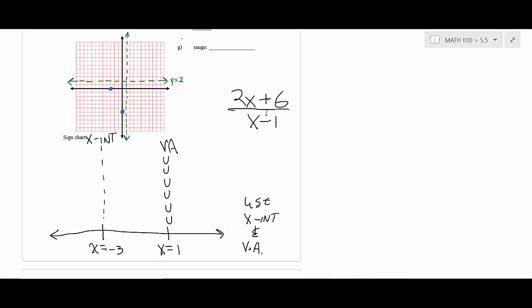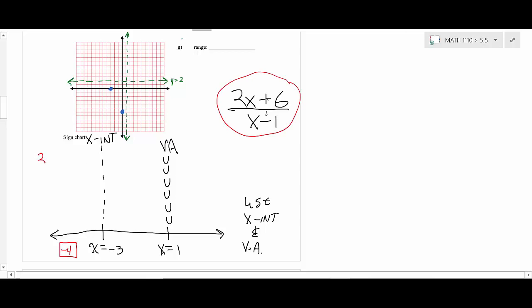So what you do is you use test points. Give me a number that's smaller than -3. -4. Just keep it as simple as you want to, it doesn't matter what you use, you'll always get the same result. So you plug that into the function: 2 times -4 plus 6 all over -4 minus 1. Now you don't have to get a numerical answer to that. All you have to do is determine if that's negative or positive.